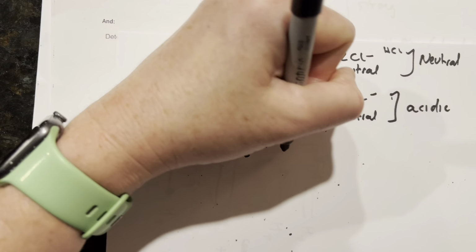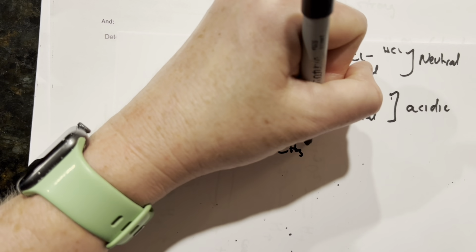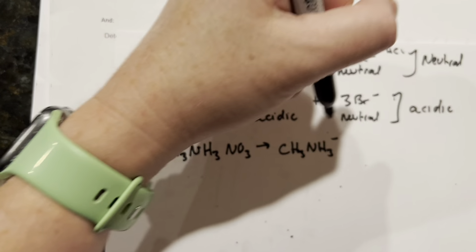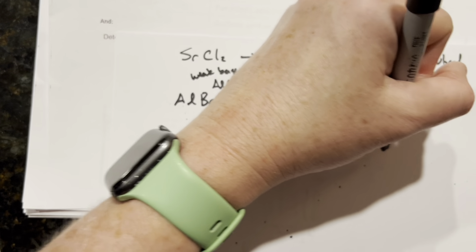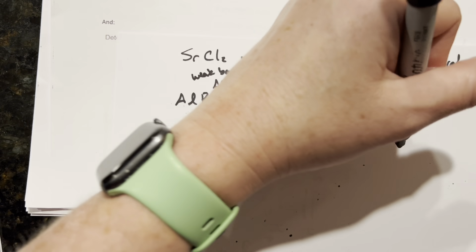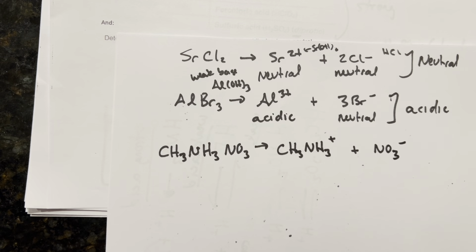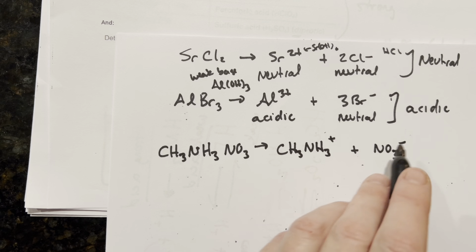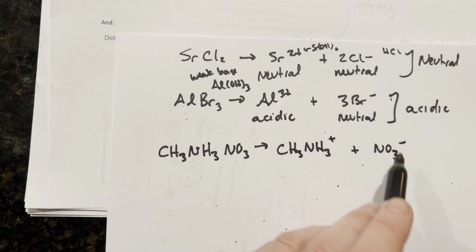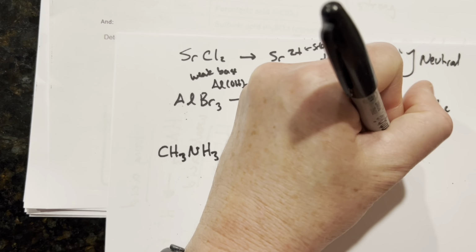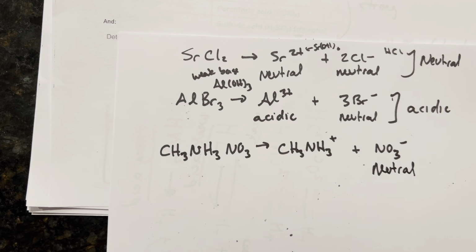So it would break down into the methylammonium ion and NO3 minus, or nitrate. This, hopefully you recognize, is the remnants of HNO3, so this would be neutral. HNO3 is a strong acid.